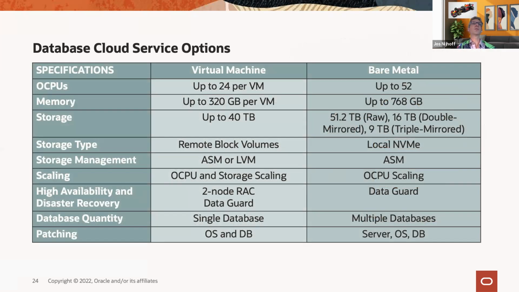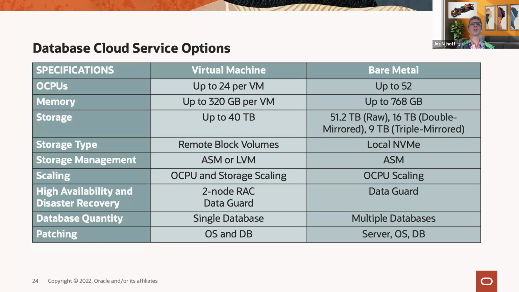Just a quick overview on sizing, how big can a system become. On a virtual machine you can have up to 24 cores, and on bare metal even 52, because that's a dedicated host for you. You can have up to 320 gigabytes of memory on a virtual machine. So these are some raw characteristics of what is possible.